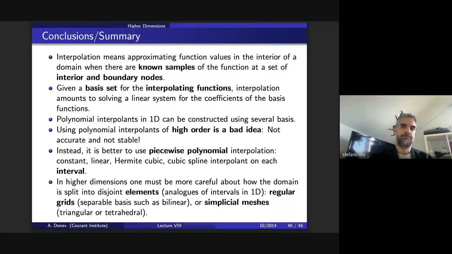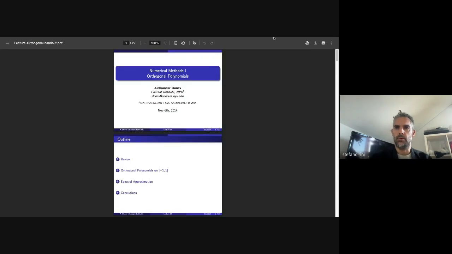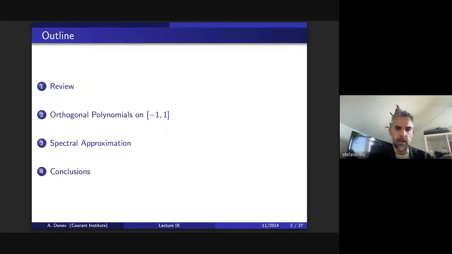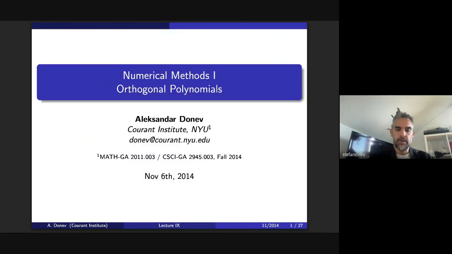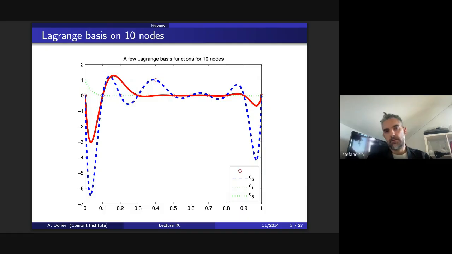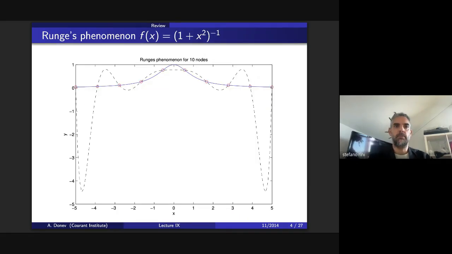And yeah, I think we are going to do this. Okay, so now we move to orthogonal polynomials. We thank the people at NYU for the nice slides. So the review is what we just saw, right? The Lagrange polynomial, and the Runge phenomenon, which says that the interpolation accuracy decreases as we move away from the center.